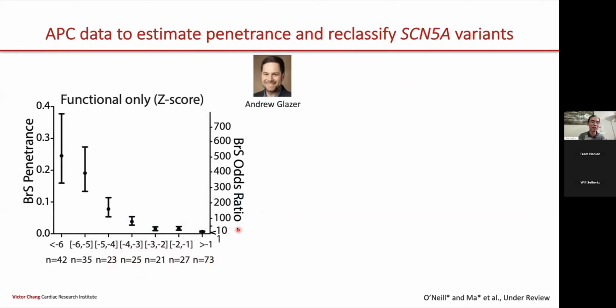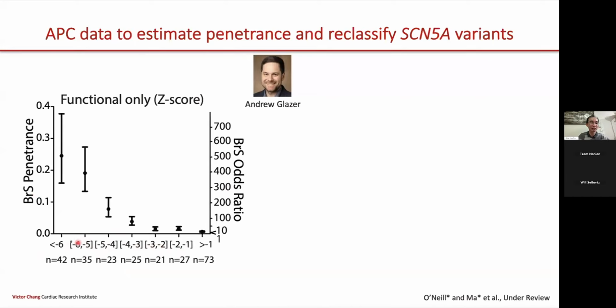So then Andrew did a modeling by simply taking the Z-score, which is the functional measurement that we have, and then calculating the penetrance of Brugada by looking into the population gnomAD database to see if you have a normal function compared to the ones with severe loss of function, large effect size.